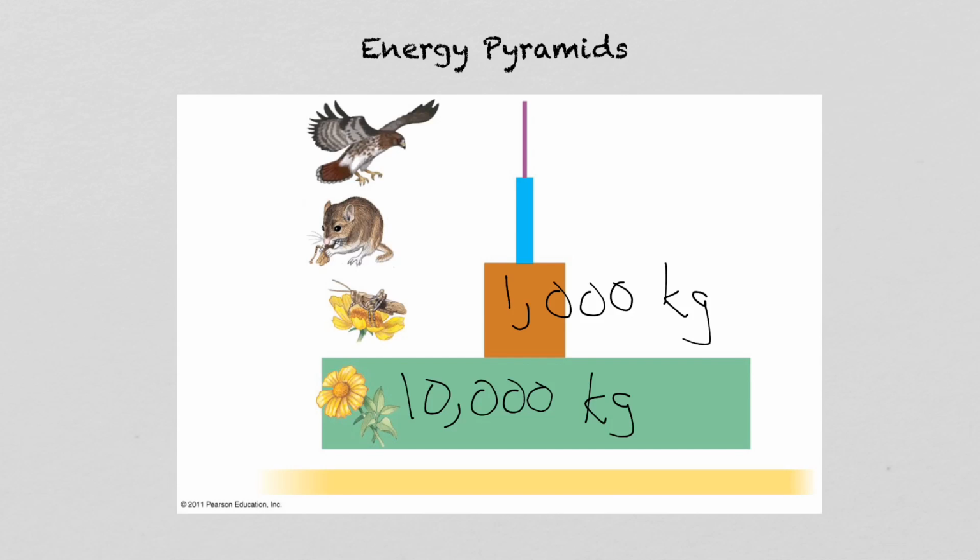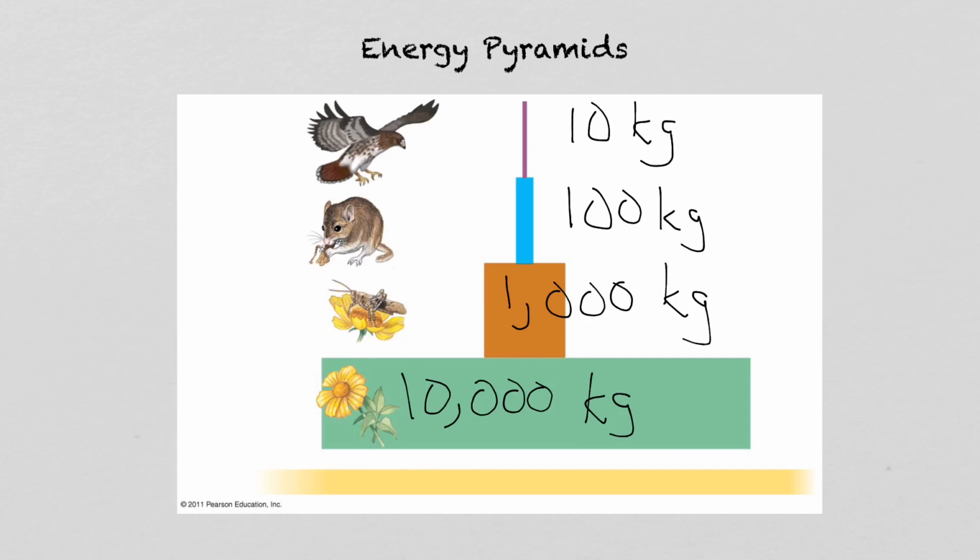And the same thing is going to happen as we go here: we are going to go down to, let's do that, okay, 100 kilograms. So then as we go up to the mouse, from that point, now we've lost 90% of it again. And then as we go up to the hawk, we're going to lose that 90% again. And now all that's left is 10 kilograms altogether of biomass.